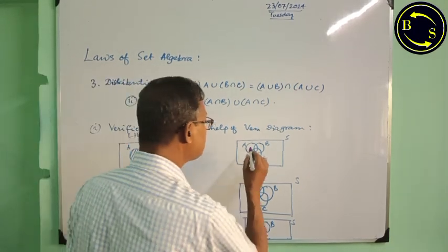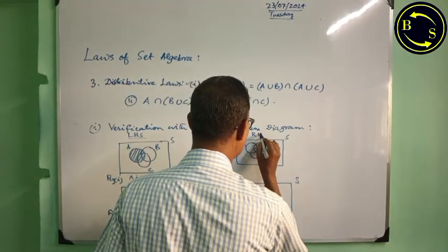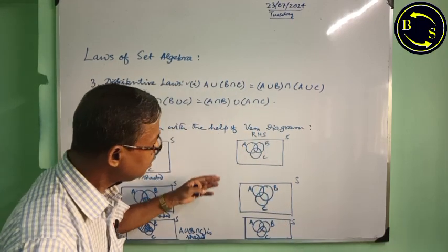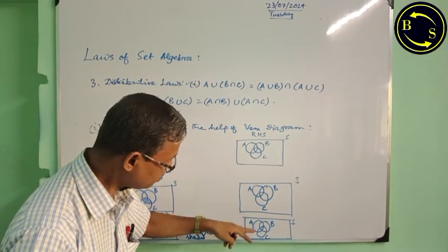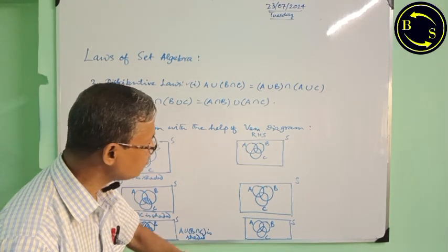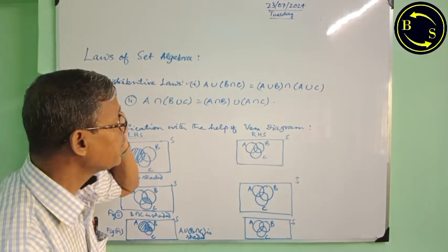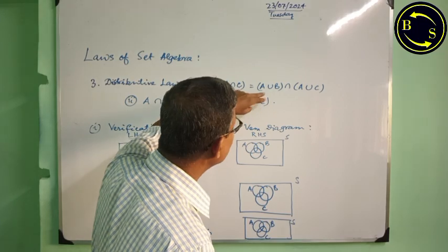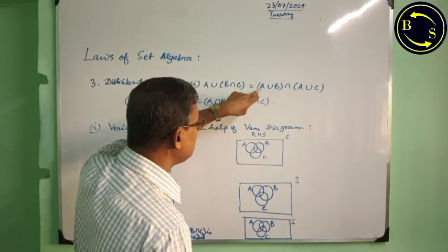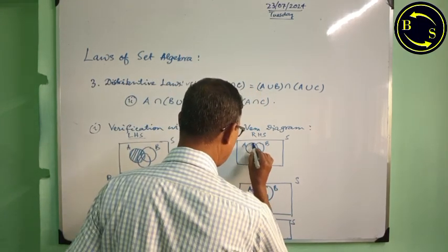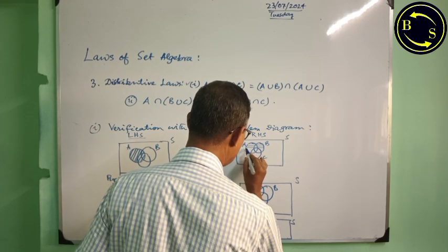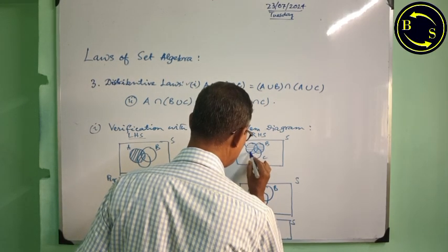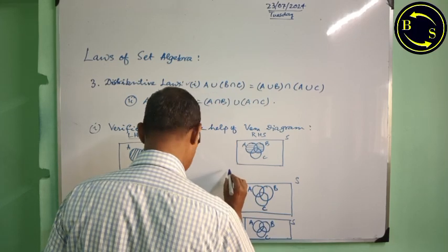And for RHS, ABC set have been drawn in this diagram also. In this diagram also we have drawn ABC. Next, we follow the right hand part, A union B. This is figure 4.